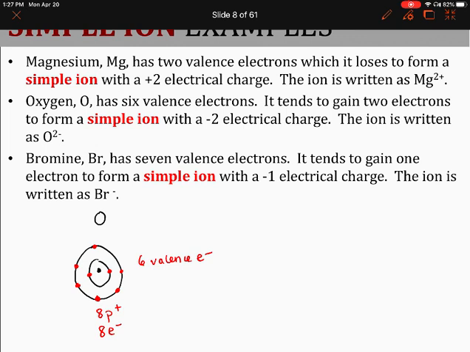So if oxygen wants 8 valence electrons, it's probably going to be easier for oxygen to gain 2 electrons rather than lose 6 electrons to become like helium, which only has 2. And oxygen is also a non-metal, so oxygen would prefer to gain electrons.